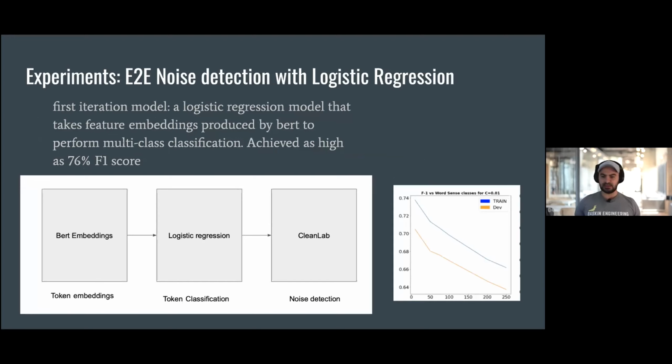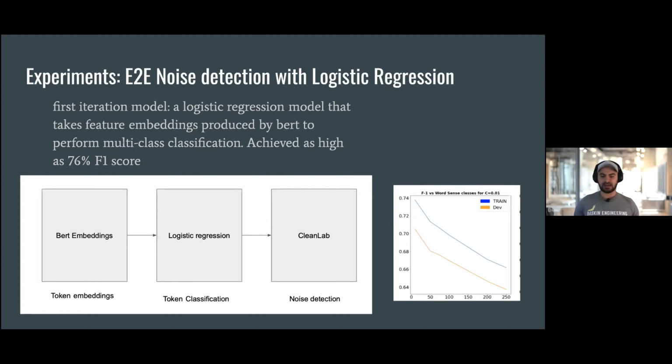So this is an illustration of our baseline model integrated into our end-to-end system. We can see the predicate classification model that takes the token embeddings of our data set and then performs some multi-class classification where the predicates are the gold labels. And then CleanLab will take the model as one of the parameters and produce our noise examples.